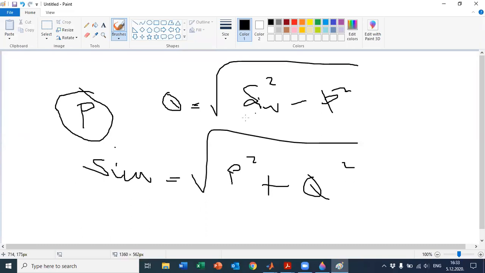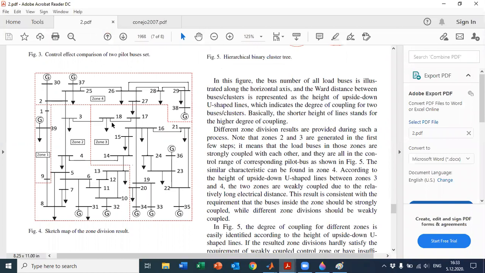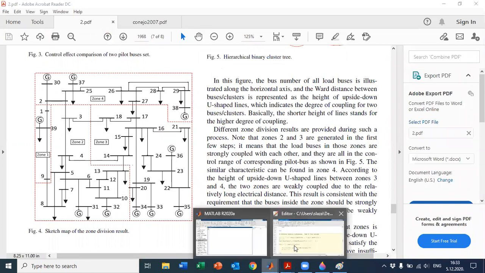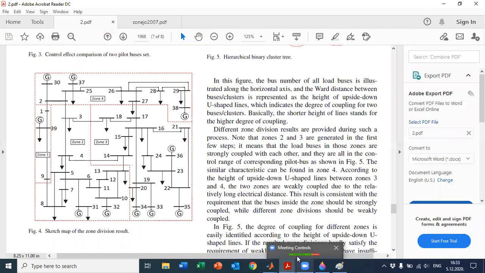Because of that, and because of the fact that our PVs don't have a wide operating range in terms of reactive power, we can't use this partitioning scenario. However, this is not needed at all. What I've done here is that I've assumed that we want to determine 10 pilot nodes.